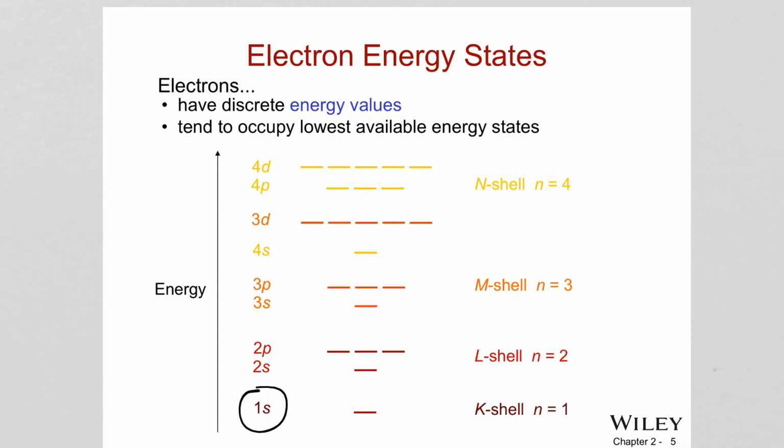Electrons will always occupy those quantum states of lowest energy first, which are closer to the nucleus, and they are more stable therefore. So starting from the lowest energy levels, electrons will continue to fill up till the highest energy levels.